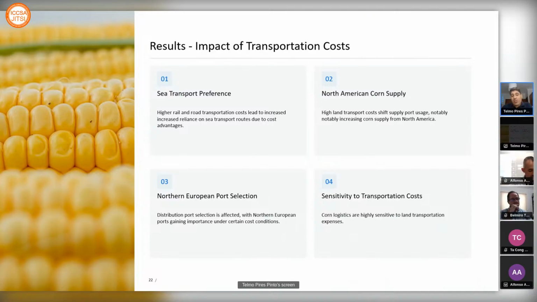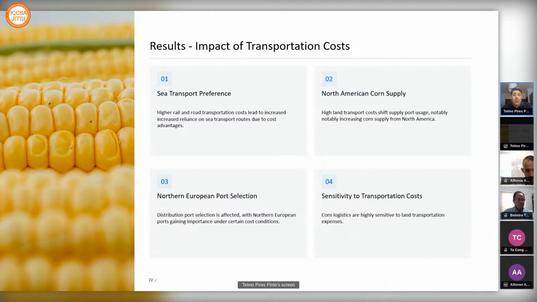The inland transportation costs have shifted the usage of supply ports, notably increasing the reliance on North American ports for corn supply. Additionally, the selection of distribution ports in Northern Europe is affected by these cost conditions, with certain northern European ports gaining more importance.